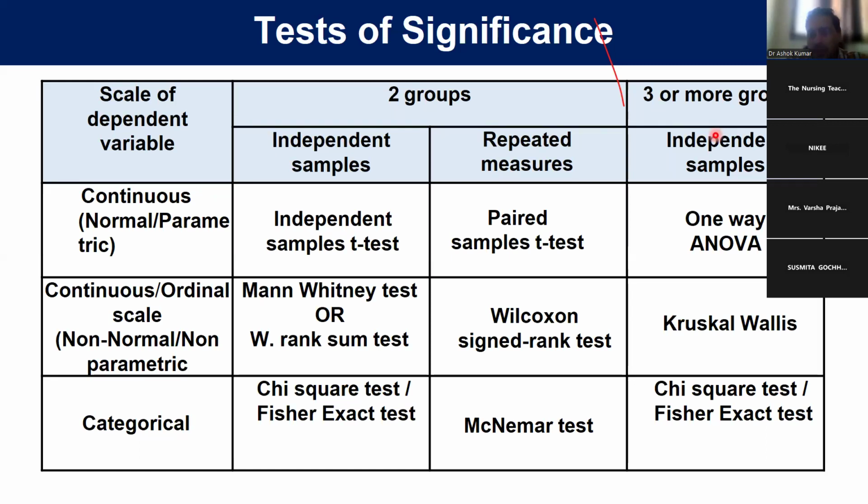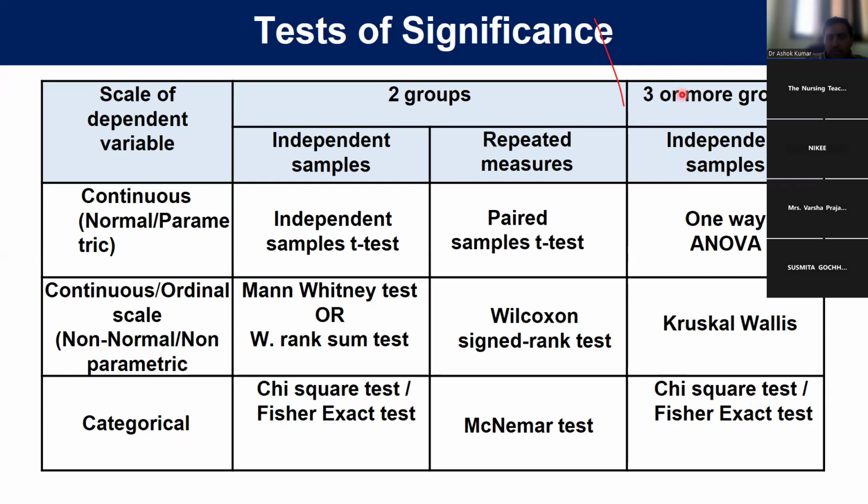And these are independent samples, meaning the three groups are different. If the dependent variable is continuous, normally distributed or parametric, then we have to go for one-way ANOVA. And if it is not normal, continuous or ordinal, then we have to go for Kruskal-Wallis instead of one-way ANOVA.